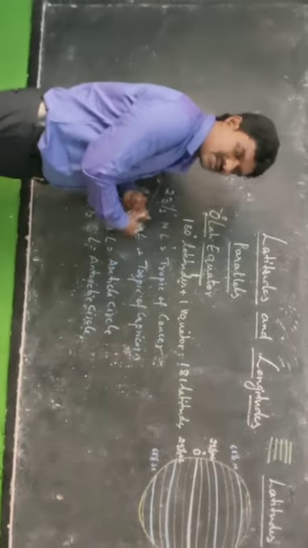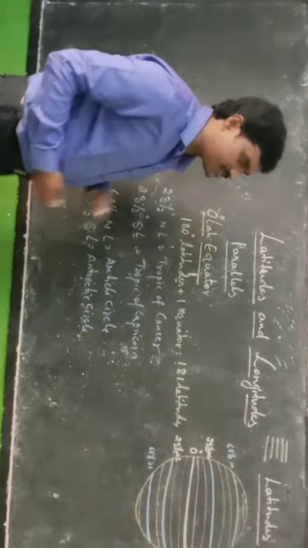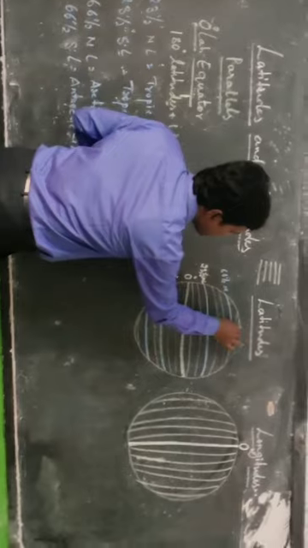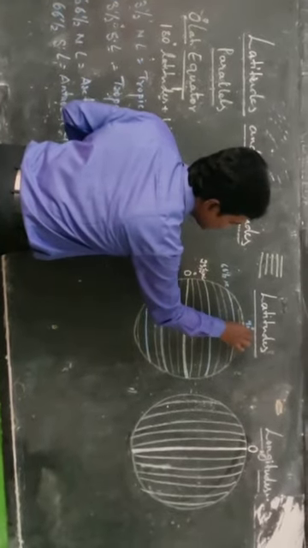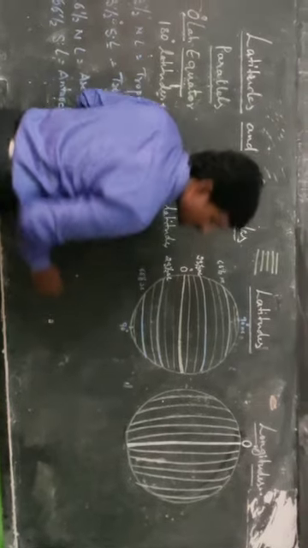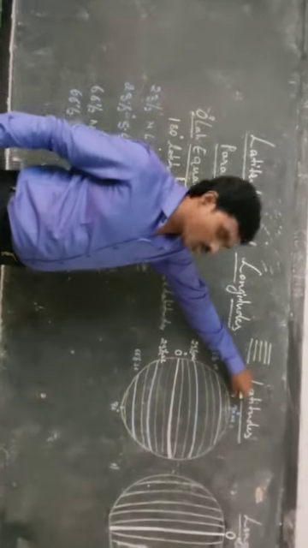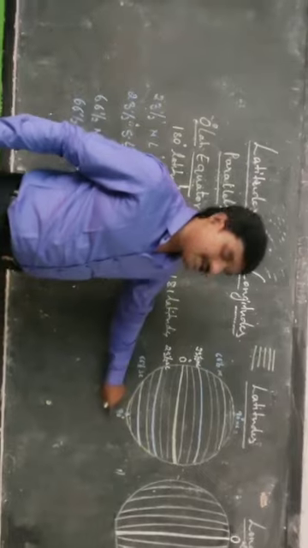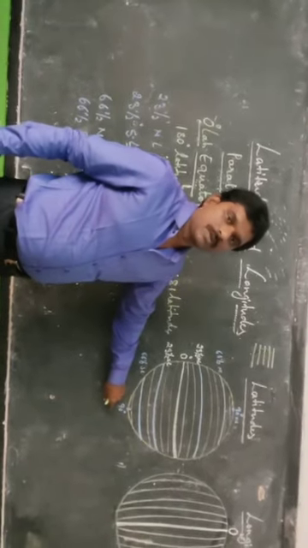So these are the different names of the latitudes, and here we have 90 degrees north latitude and 90 degrees south latitude, which are called North Pole and South Pole.